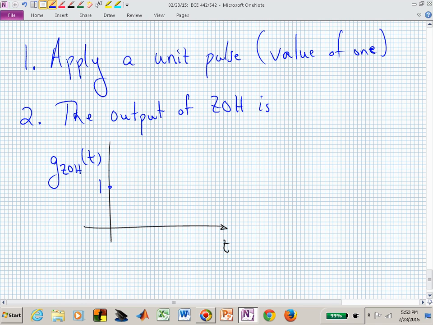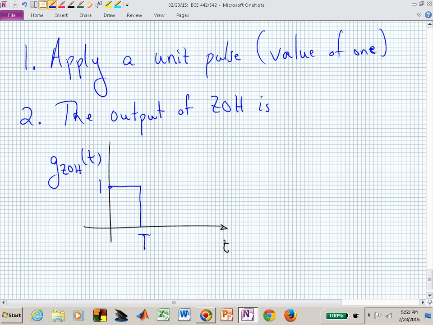If we applied a unit value at time 0, what would happen for the subsequent interval of time, one sample period, capital T? Over that one sample period interval, what's the output look like? It's just 1, isn't it? So this is going to look fairly predictable. There is our zero-order hold response due to a unit pulse.